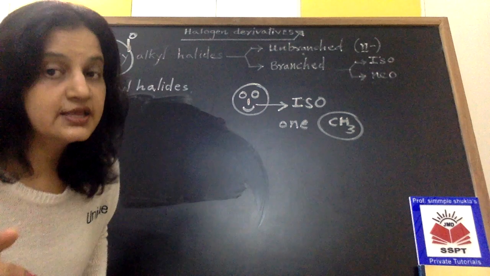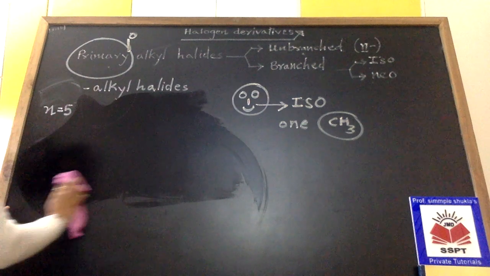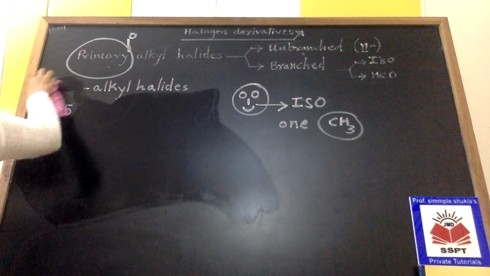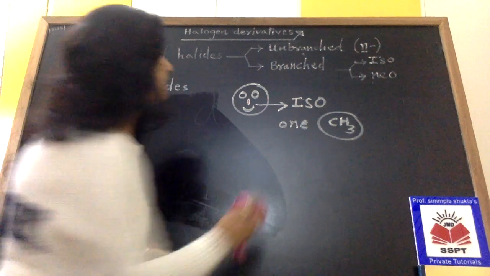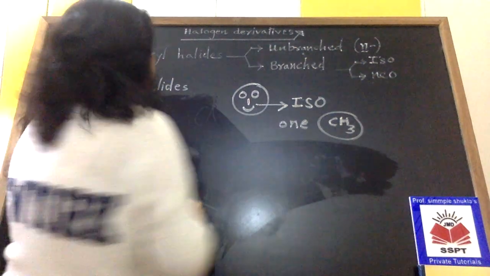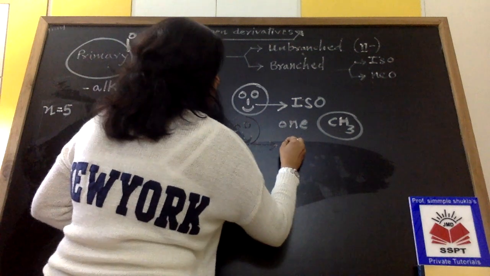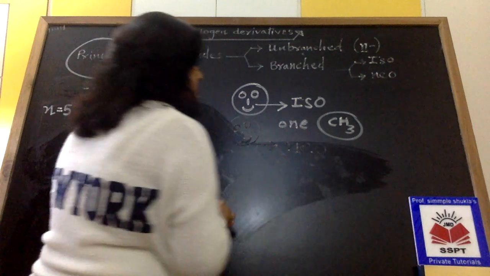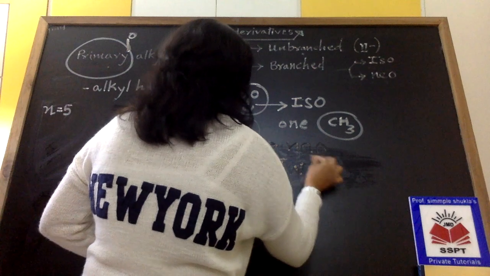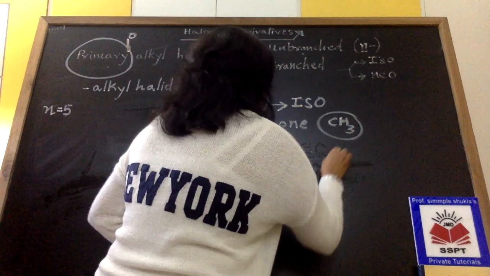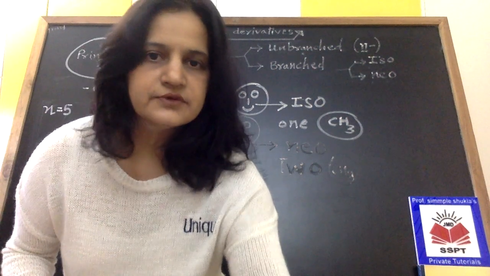I am repeating so that you learn. You repeat: two umbrella branches on the second last carbon from the functional group.